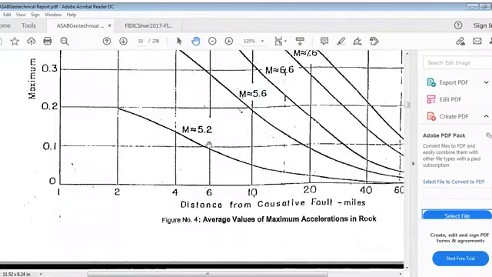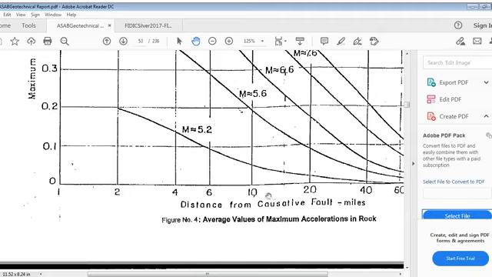Let's say 5.2, what does it say? At this point, 2 kilometers from the location of the epicenter, acceleration is 0.2. At 4 kilometers, it's down again. At 6 it is further down, and as you go further, it goes down. This means this is the epicenter.